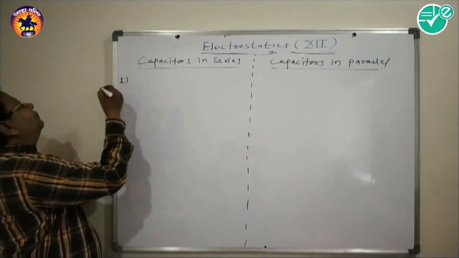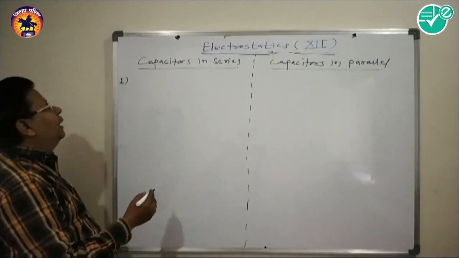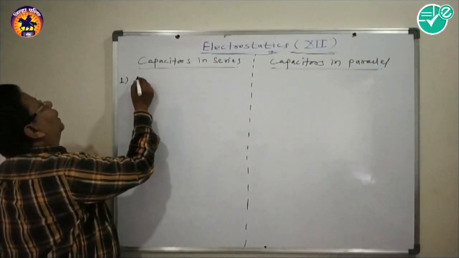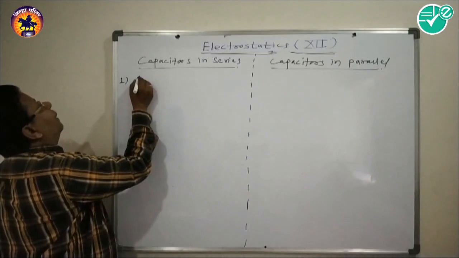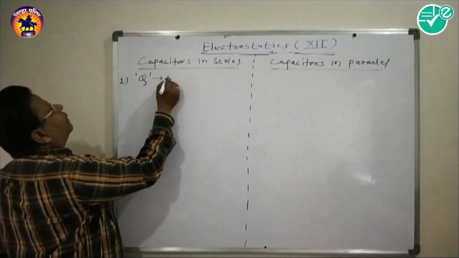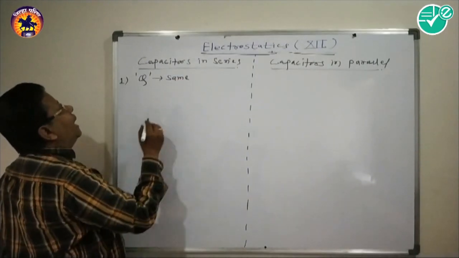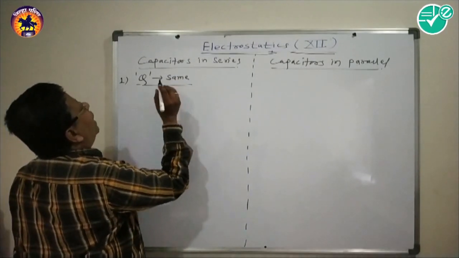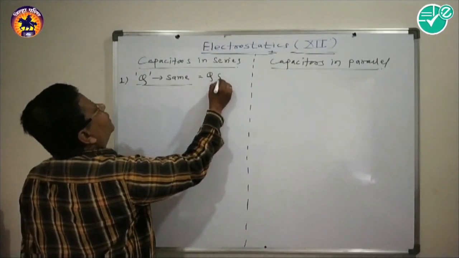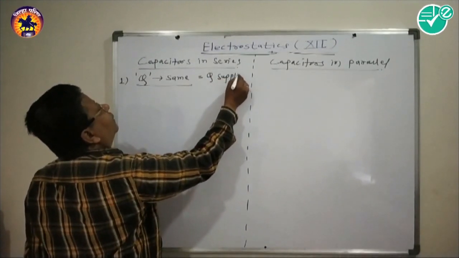First point is, in series combination of capacitors, what is same? Charge on each capacitor is same. And the value of this charge on each capacitor is equal to charge supplied by the cell.